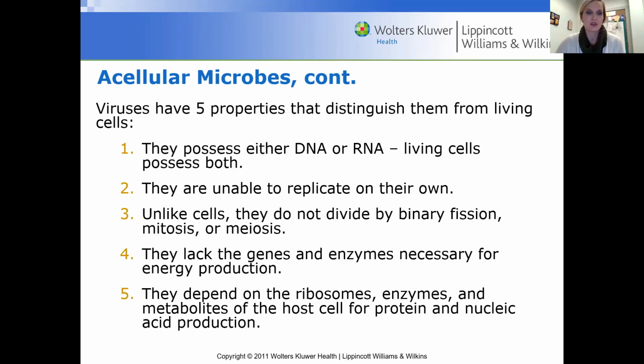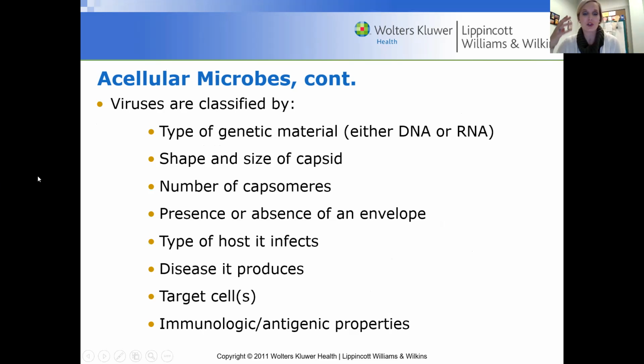All right. So that's how we can categorize these. They're classified, as we've mentioned before, by their type of genetic material, so either DNA or RNA. The shape and size of their capsid, if you remember from the picture, we saw rod-shaped, and then we saw the icosahedral. The number of their capsomeres, whether they have an envelope or not, the type of host that it infects, whether it infects a human, a plant, an animal.